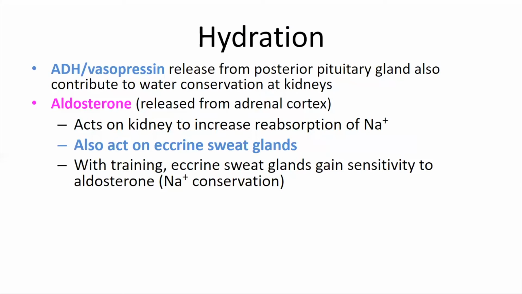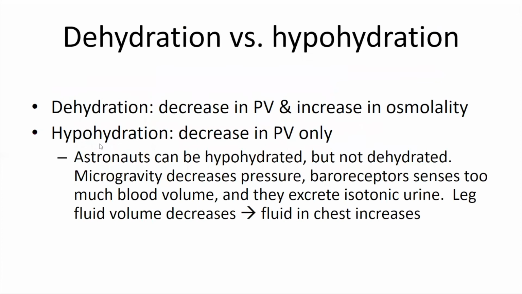Aldosterone, remember, its main function was to reabsorb sodium at the kidneys. Aldosterone also acts on our sweat glands. So aldosterone will help to reabsorb sodium at the sweat gland. So aldosterone acts both at the kidney and at our eccrine sweat glands, which is pretty cool.